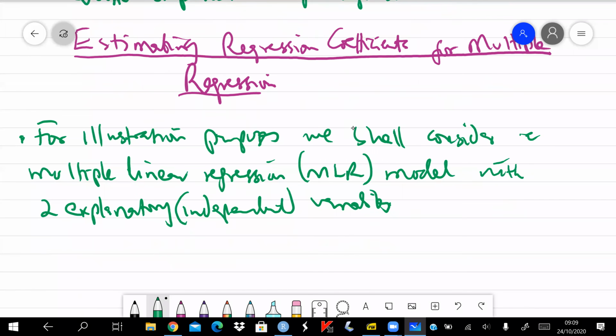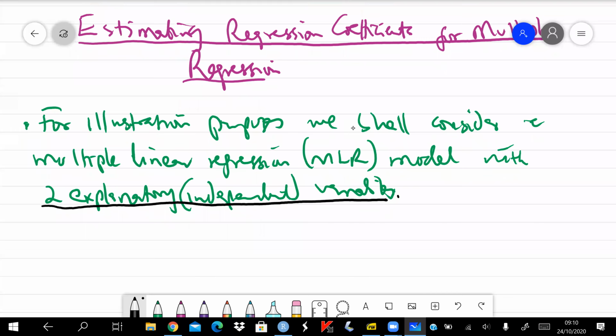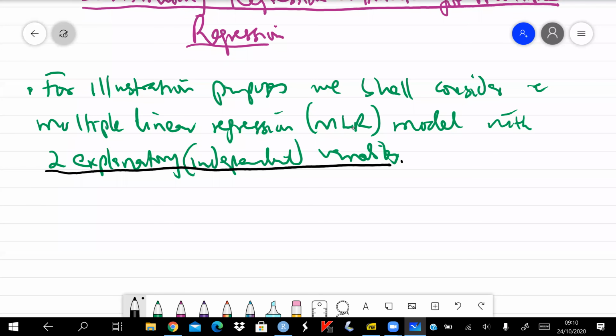For the sake of illustration, when you talk about a multiple linear regression model, we can have so many explanatory variables, as long as there are more than one. You can have 2, you can have 3, you can have 10, and so on. But for the sake of illustration, we shall consider a multiple linear regression with only 2 explanatory variables. As we've seen, when you use Excel, you can run a regression model which has more than 2 independent variables.